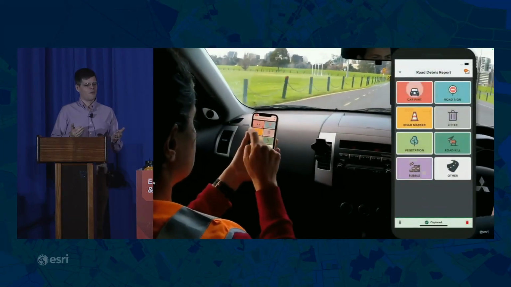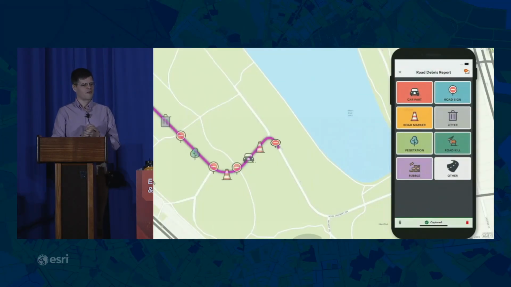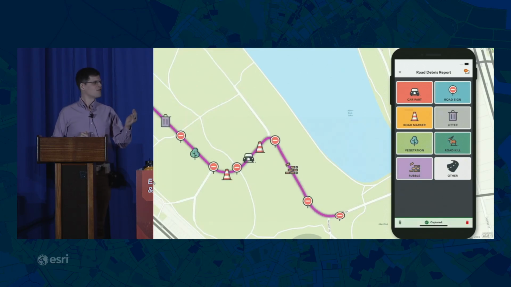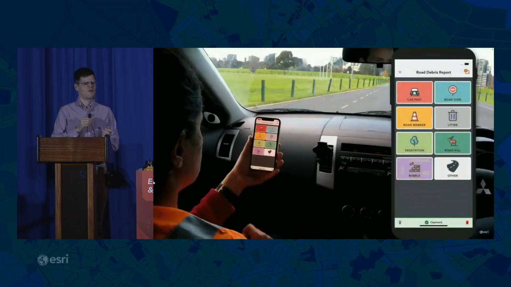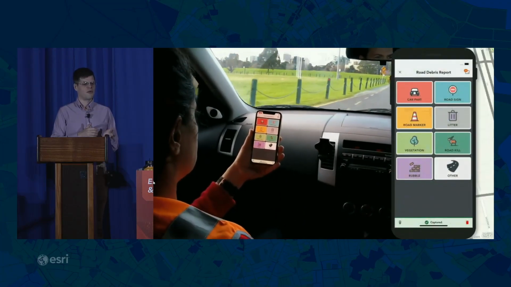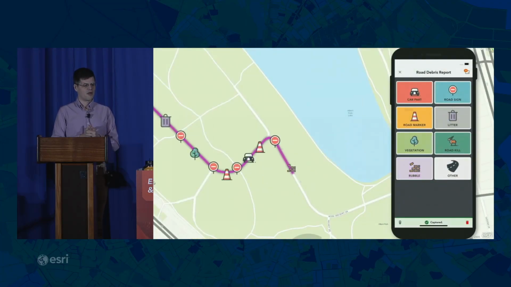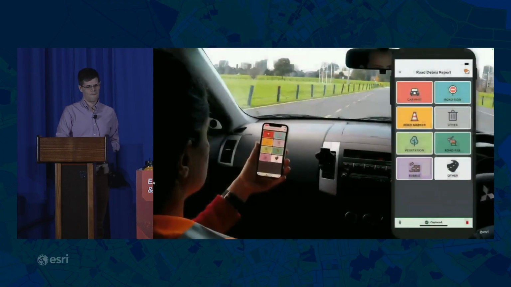Here you can see an example. Don't worry, this is in Australia, so the driver is actually on the other side. As we're going through at speed, we're pressing the button, notifying what type of sign it is, what type of debris it is, or whether there's a road sign, and we can see that get uploaded immediately into our map.